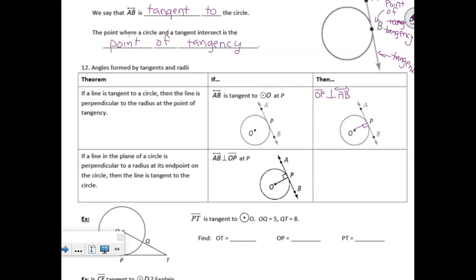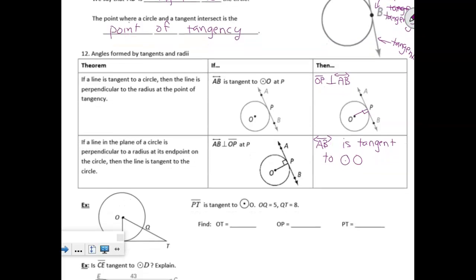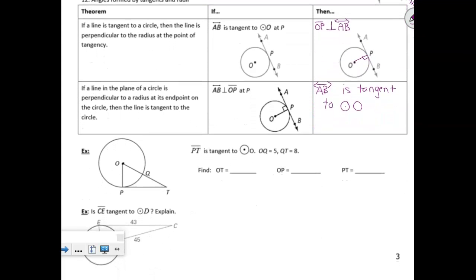So if AB is perpendicular to radius OP at point P, then line AB is tangent to circle O. So you can show if a line is tangent by determining whether or not it's a perpendicular line. If it's perpendicular, that means it's a right triangle, and that means you can use the Pythagorean theorem to solve it.